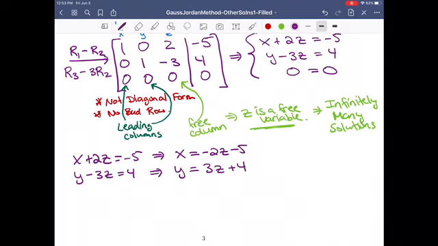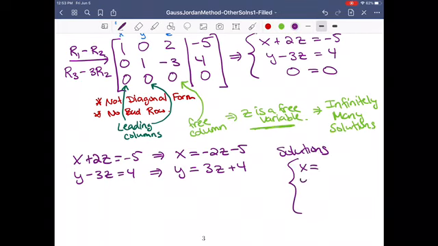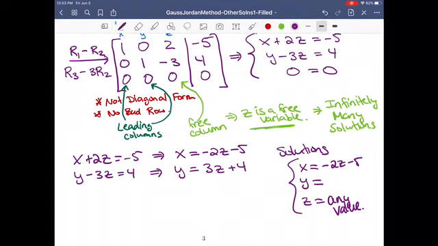So that means our solutions should have x equals something, y equals something, z equals something. The z is any value, so it's allowed to be anything. Once we know what z is, x has to be negative 2z minus 5, and y has to be 3z plus 4.